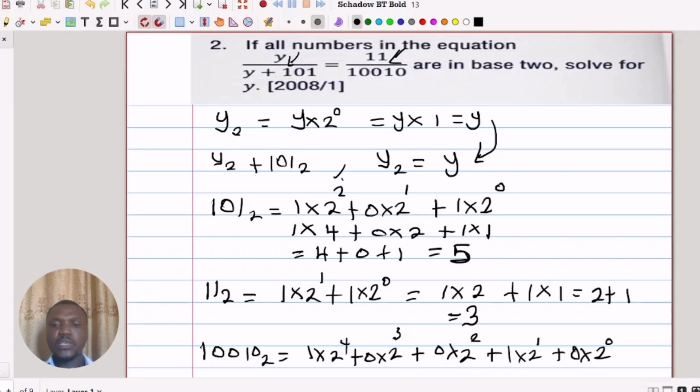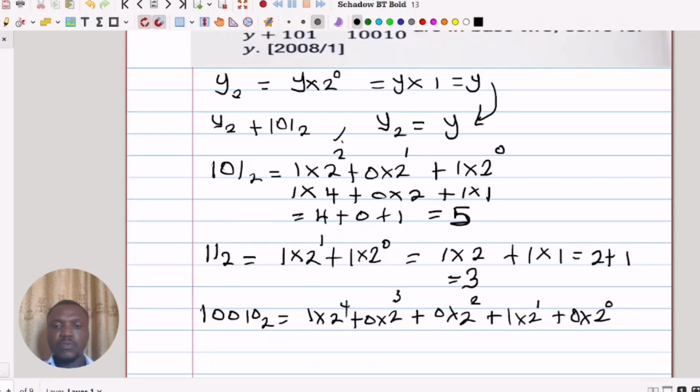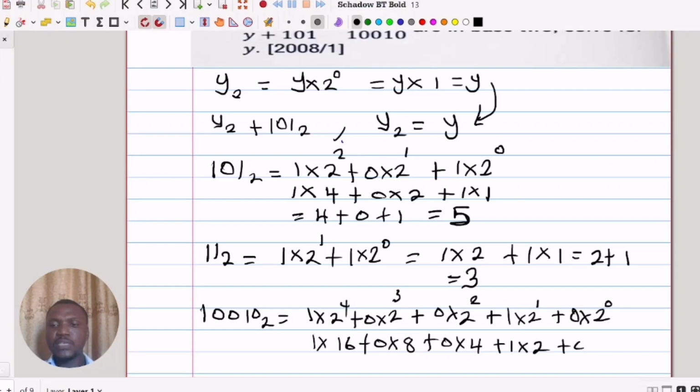So what is 1 times 2 raised to power 4? 2 raised to power 4 is 16, plus 0 times 2 raised to power 3, which is 8, plus 0 times 2 raised to power 2, which is 4, plus 1 times 2 raised to power 1, which is 2, plus 0 times 2 raised to power 0, which is 1. So you have 16 plus 0 plus 0 plus 2 plus 0, and that will give you 18.